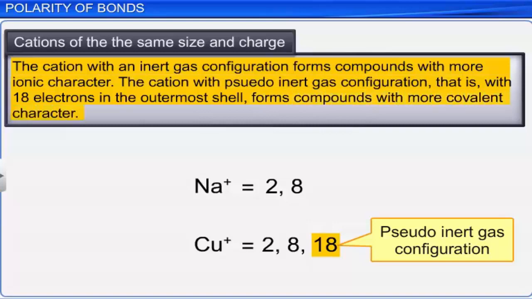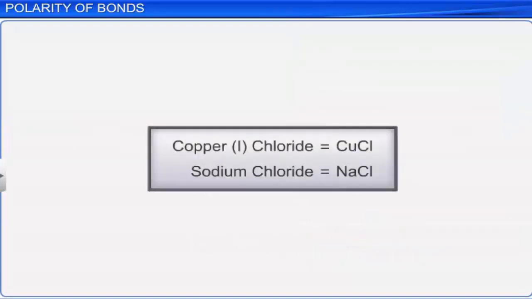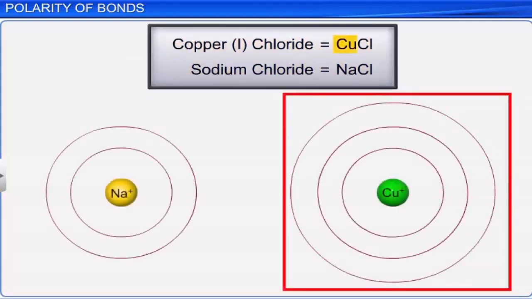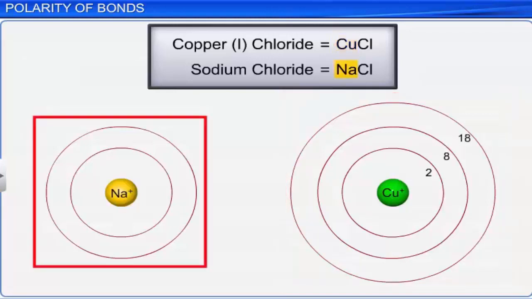For example, copper(I) chloride is more covalent in nature as compared to sodium chloride. Copper ion with pseudo-inert gas configuration has an electronic configuration of 2, 8, 18. Sodium ion with inert gas configuration has an electronic configuration of 2, 8.